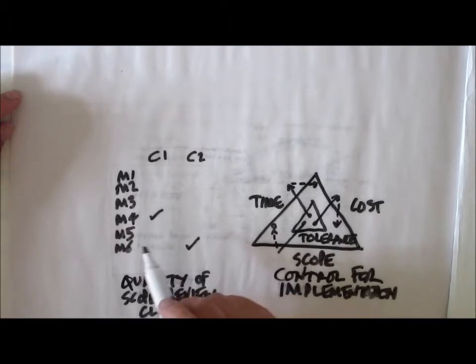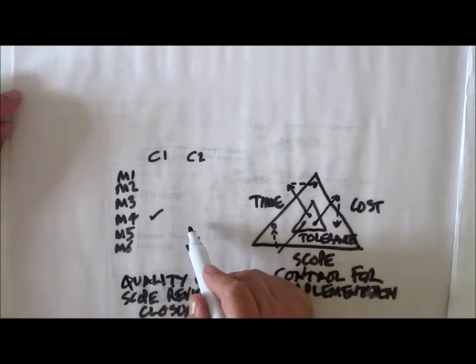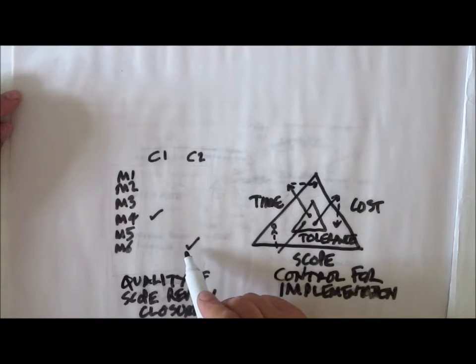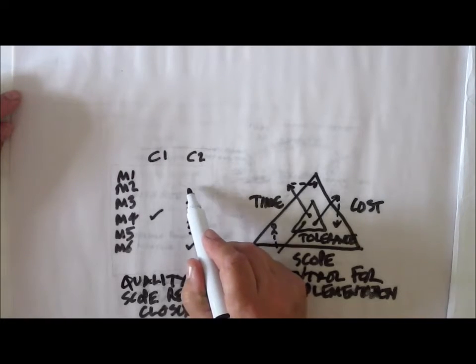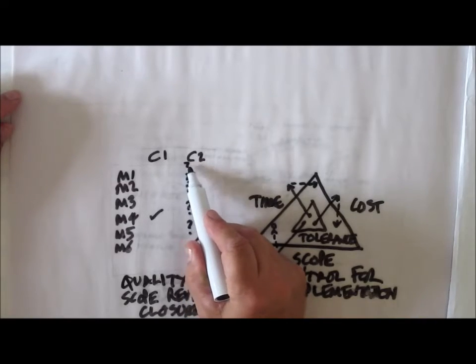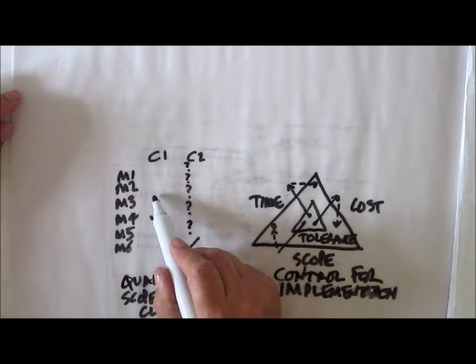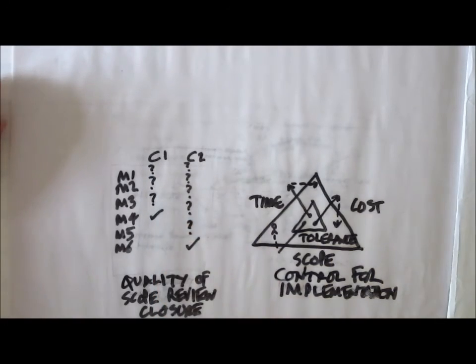So okay, these M's reflect a process, a path through the SIPOC chart, so therefore what may also contribute to less quality at that point may be the preceding steps. So for Customer 2 it's M5 through to M1. For Customer 1 it's M3 through to M1.